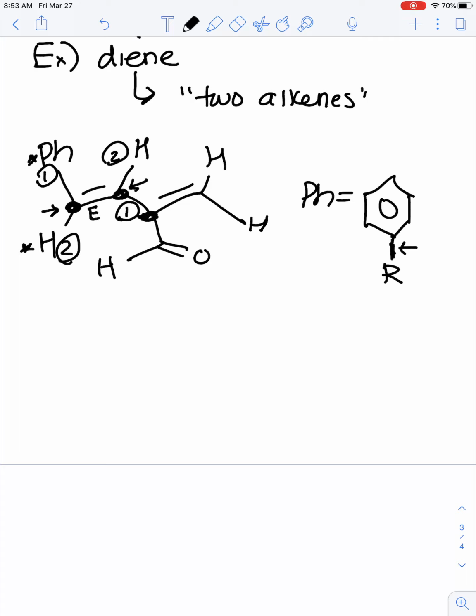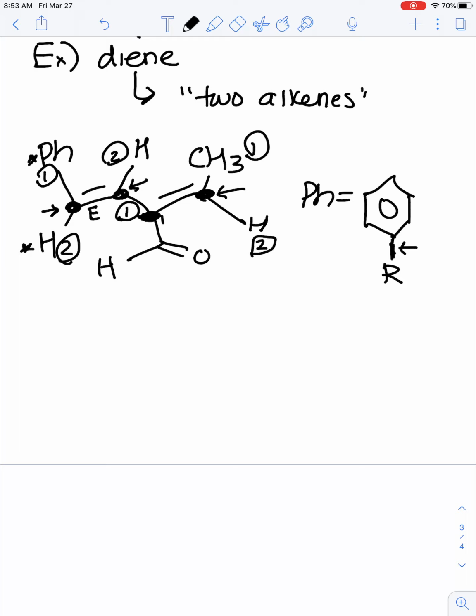Now we can look at this carbon versus this carbon. I'm sorry, this should be a CH3 group. When we're looking at this carbon, this methyl group is going to be a higher priority when compared to our hydrogen.